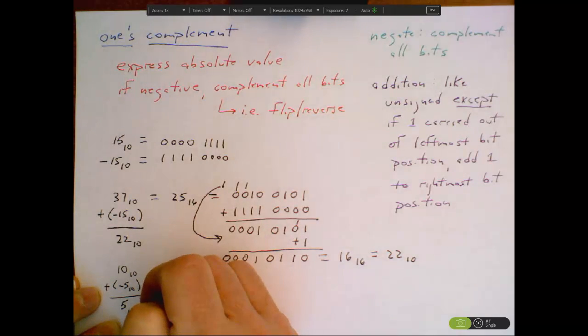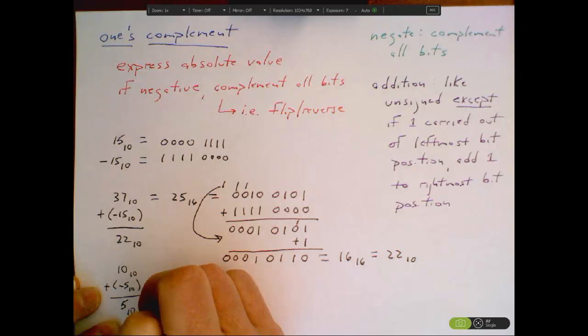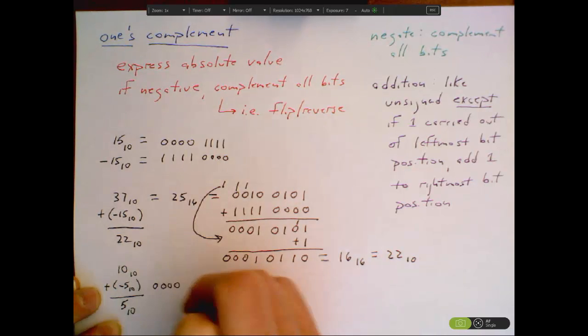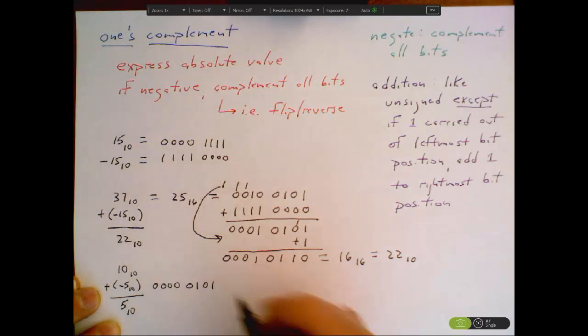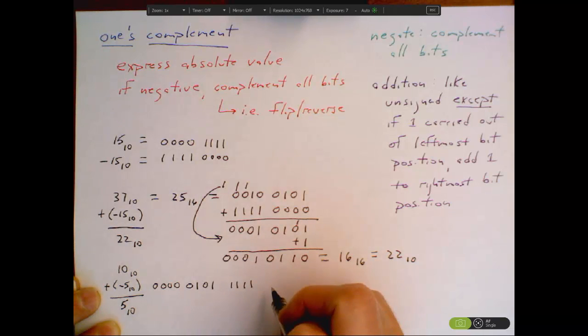Let's do minus 5 first of all, I guess. To represent that, I've got to represent 5. So 0, 0, 0, 0, 1, 0, 1. Right, then I flip all the bits. So minus 5 would be 1, 1, 1, 1, 1, 0, 1, 0.